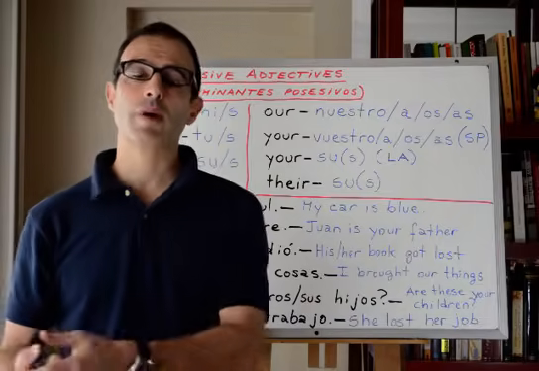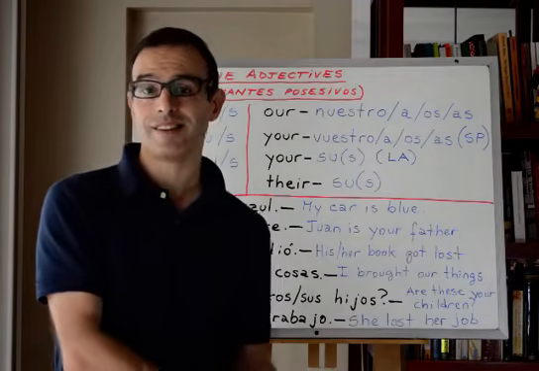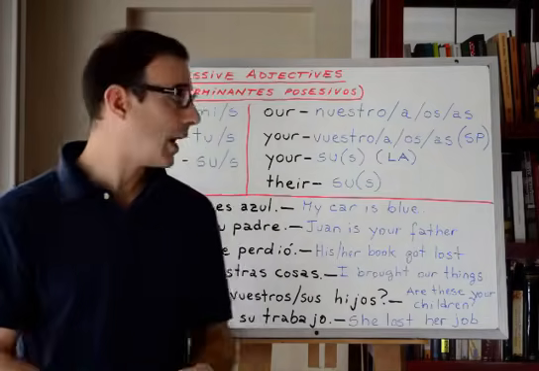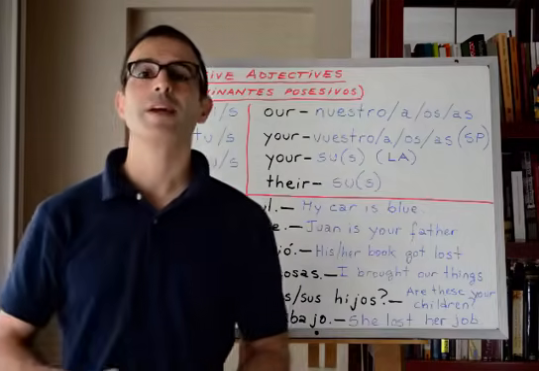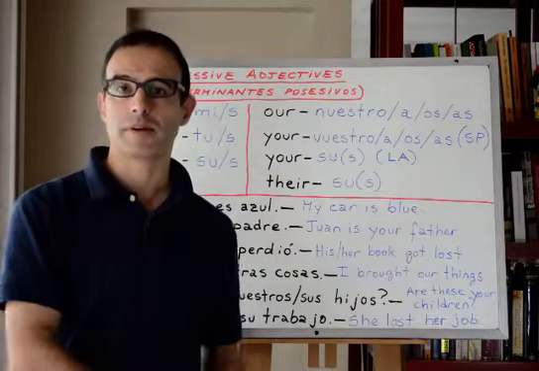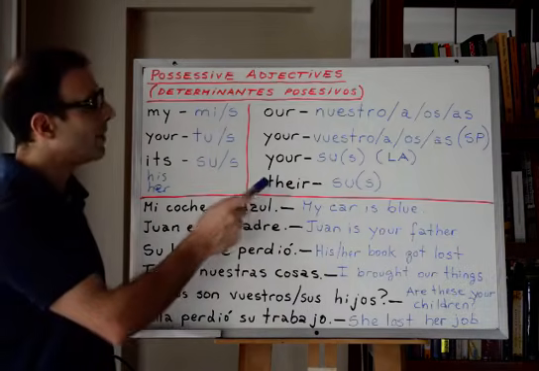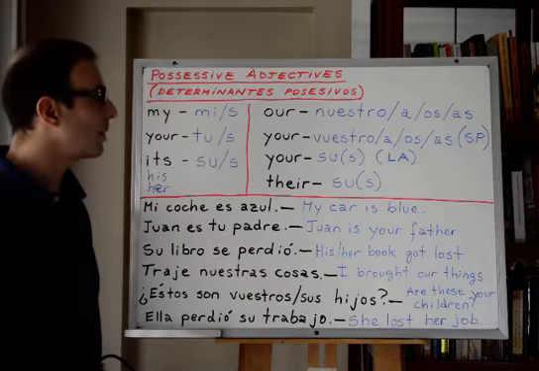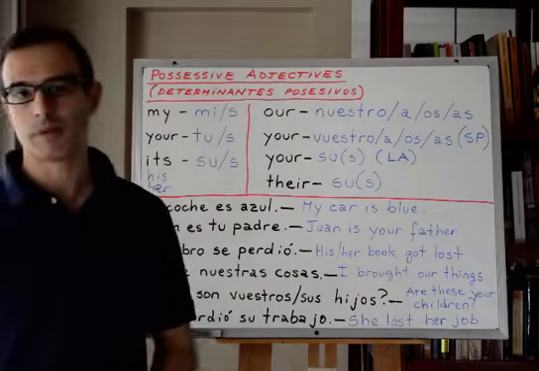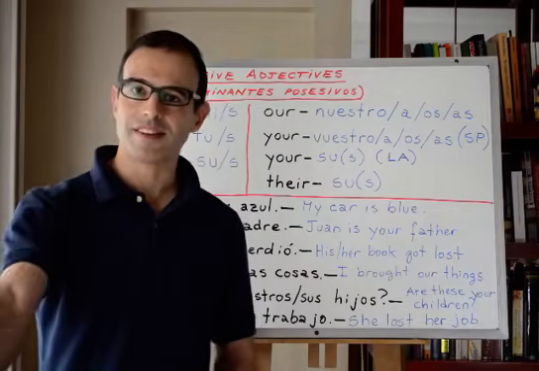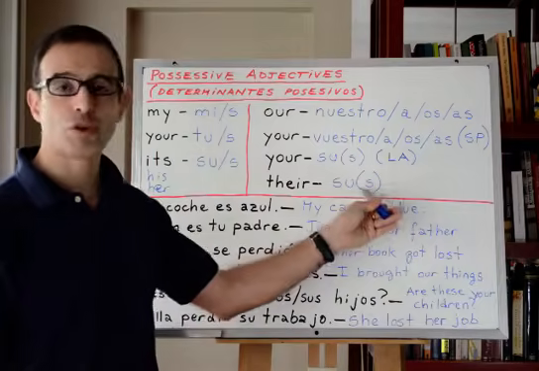However, choose the one that is easier for you, because either way works in Spain or in Latin America. For their, we would say sus, for example. These are their things. Estas son sus cosas.